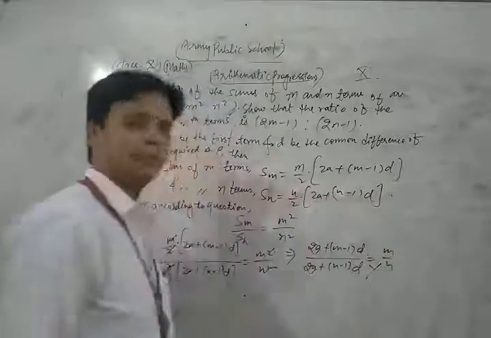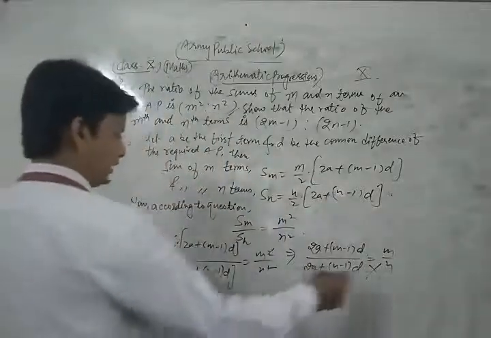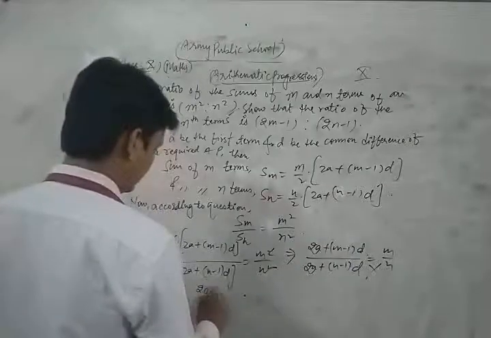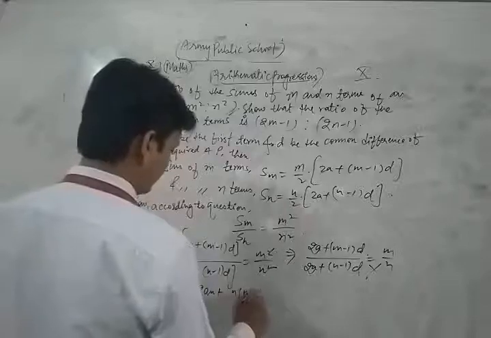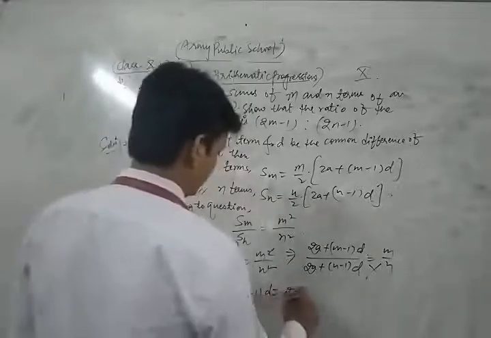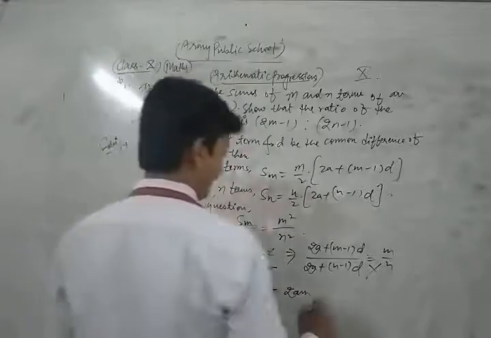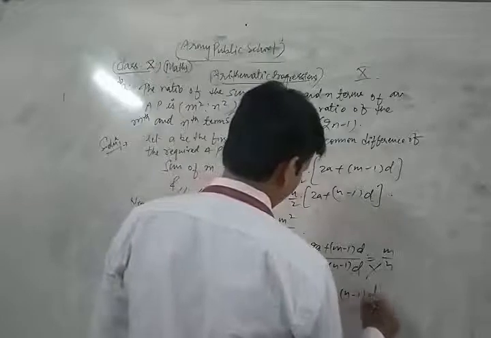Now we do cross multiplication. So we get n times (2a plus (m minus 1) into d) is equal to m times (2a plus (n minus 1) into d).